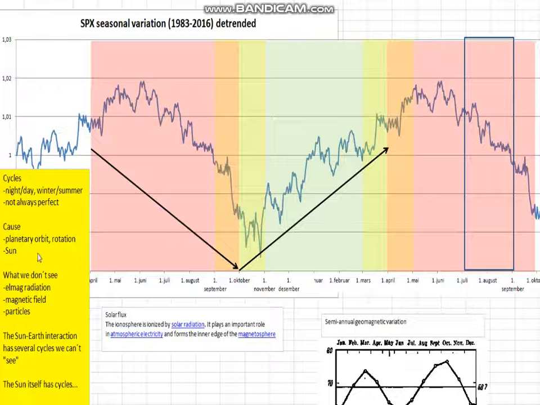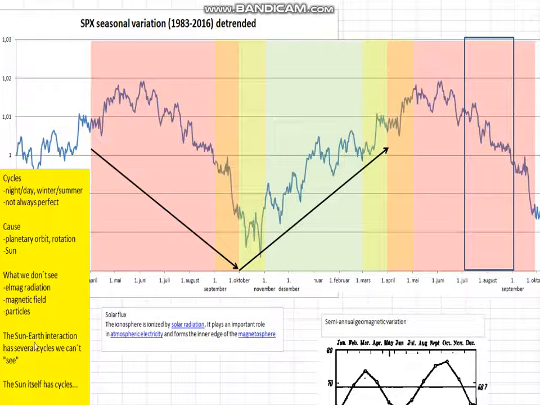But on average, we know there will be a winter coming every year. And the cause of this cycle is obviously our planetary orbit and rotation. So it's about celestial bodies, and of course the main reason is the sun and our interaction with the sun. But there are several factors that we can't see and feel that well: electromagnetic radiation, our planetary magnetic field and variations there, and particles emitted from the sun through the solar wind.